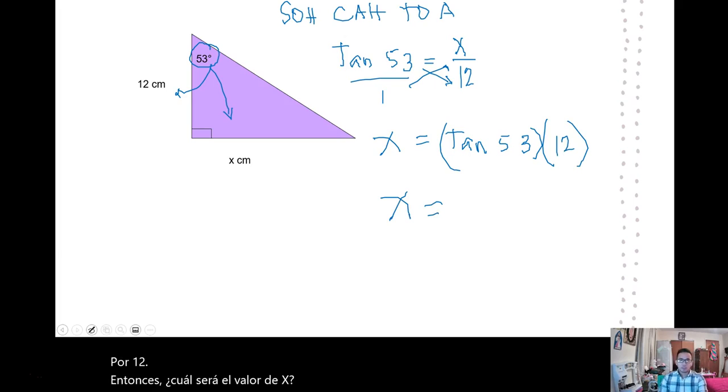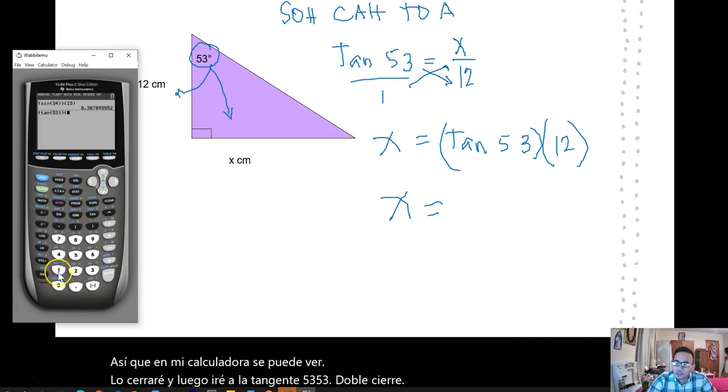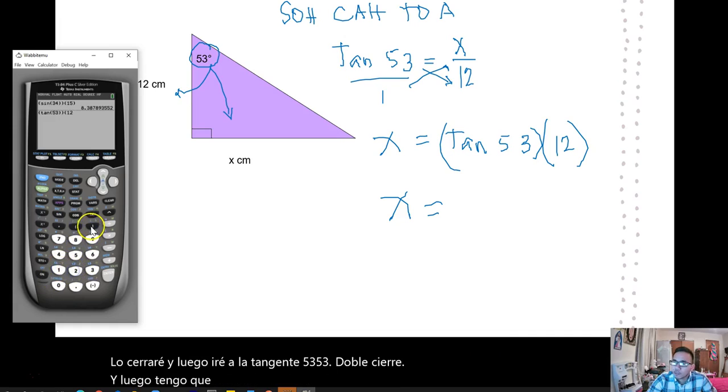I'll go back again to my calculator. I'll open a parenthesis, then I'll go tangent 53, close the parenthesis, and then I insert 12, because I'm multiplying 12 by tangent 53.